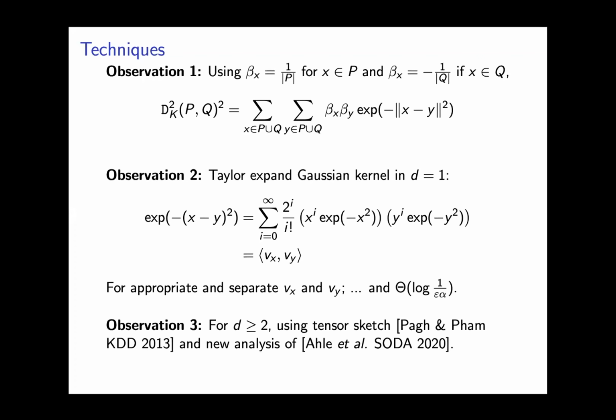To go to high dimensions, this Taylor expansion is more complicated and involves cross-vector terms, and there's this idea of tensor sketch by Pham and Pagh, and there's a new analysis by Ahle et al.